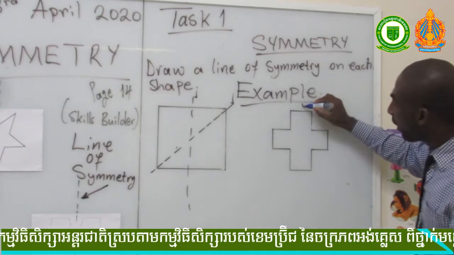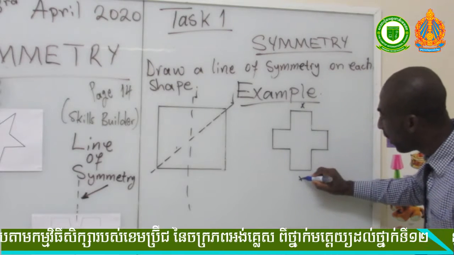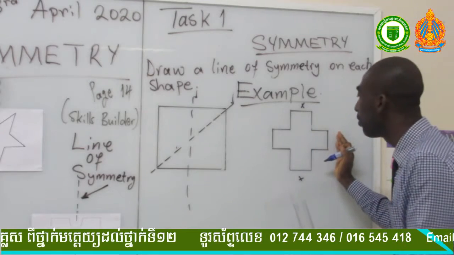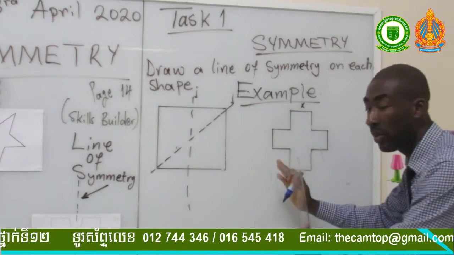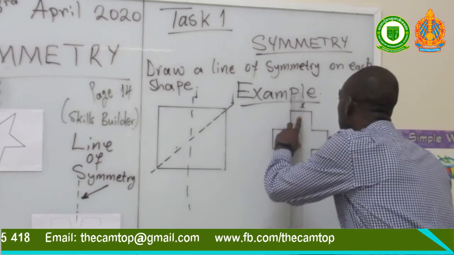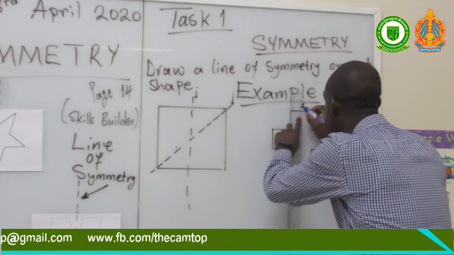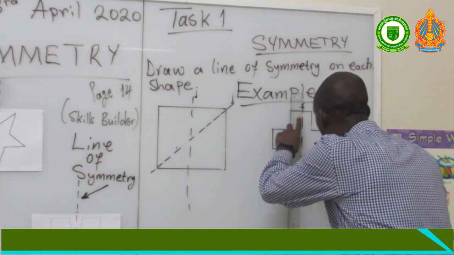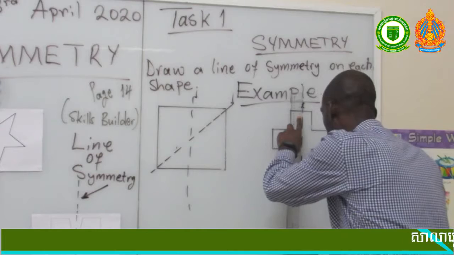If you are here and then here, you can make a line of symmetry and you can close your cross like this, okay? So let's see. Make a line of symmetry after we've drawn our cross. Very nice.